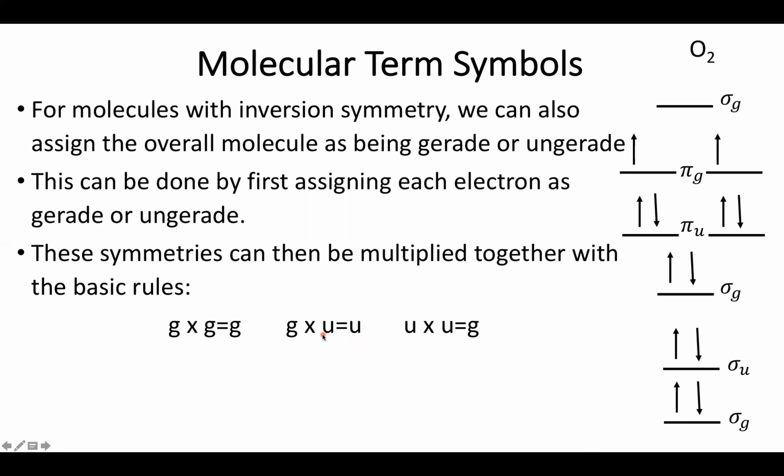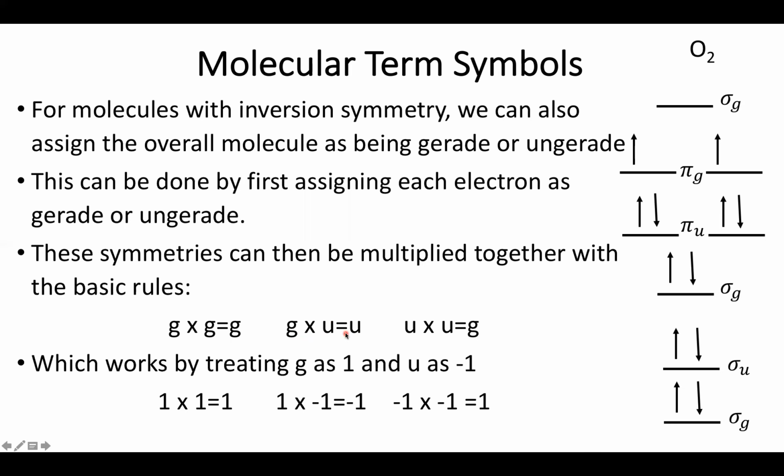Something symmetric times something asymmetric is still asymmetric. One of the more convenient ways to think about this is that it's a lot like multiplication of 1 and -1. Symmetric systems, as we've seen before when playing with symmetry groups, can be represented by a 1. Un-Gerard as a -1. So two Gerard symmetries gives me Gerard. Two un-Gerard symmetries, two wrongs do sometimes make a right. But un-Gerard and Gerard, whenever combined, gives me a U.